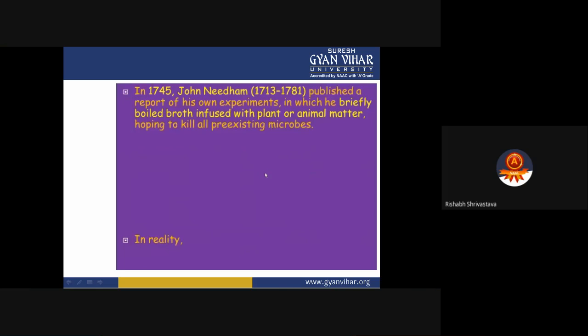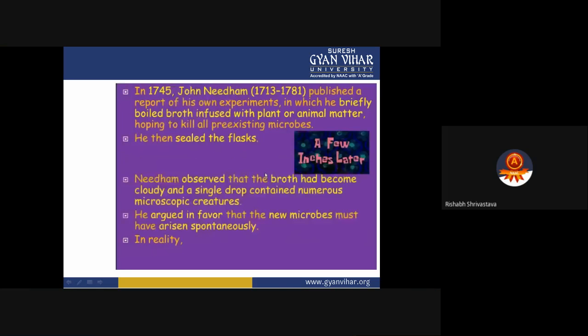In that pot, he added plant matter and meat, and he boiled that. He was hoping that he had killed all the pre-existing microbes in that particular nutrient broth. He then sealed the flask, and after some time, he realized that the broth had become cloudy.